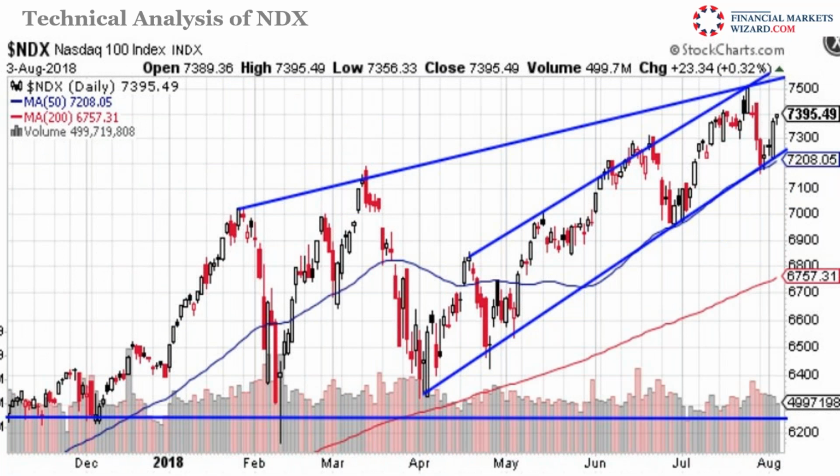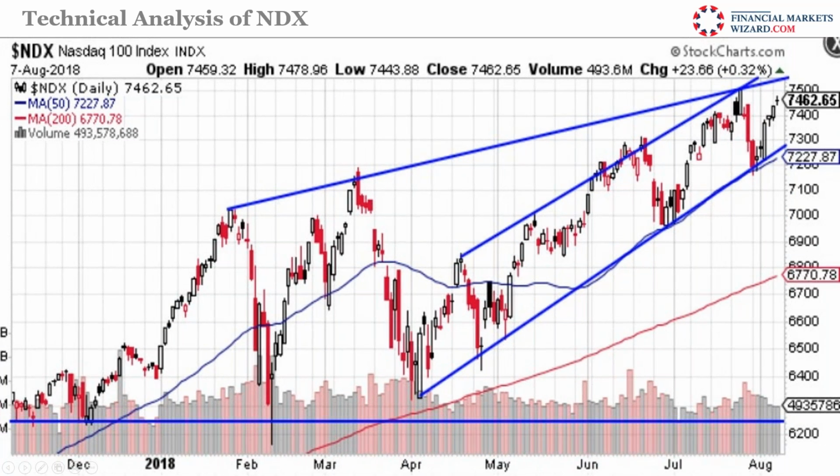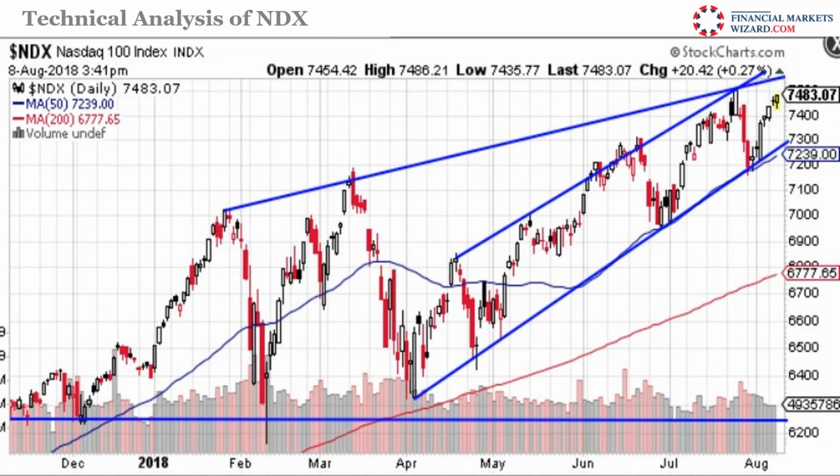This is NASDAQ. Again, it bounced from the rising, upward sloping support line. 1, 2, 3, 4, 5, 6, 7, 8, 9, so many supports, so many time tested. So NASDAQ going higher, maybe 7,800 for the NASDAQ 100.